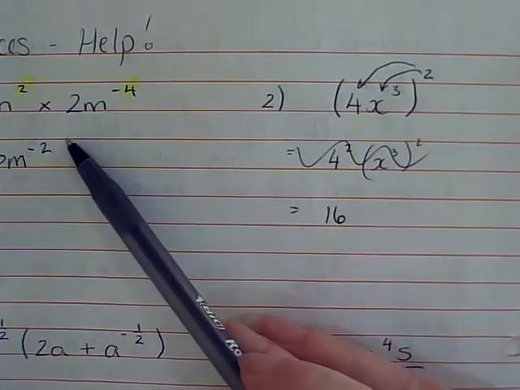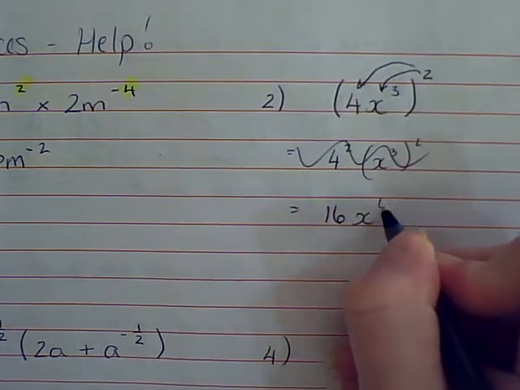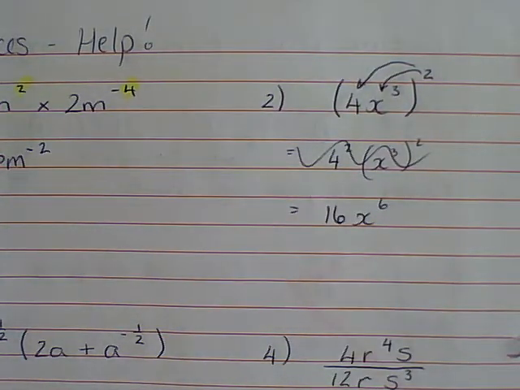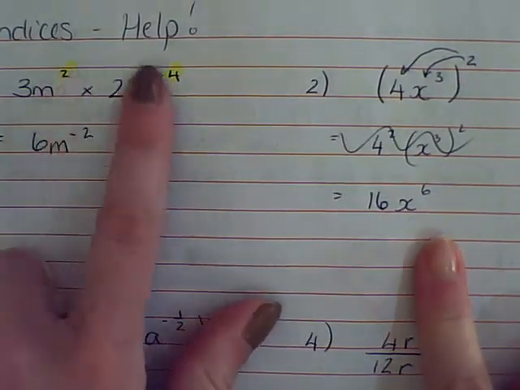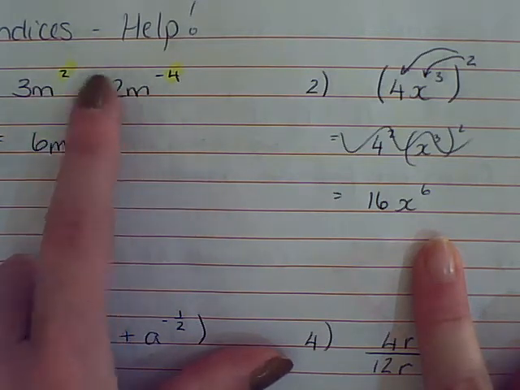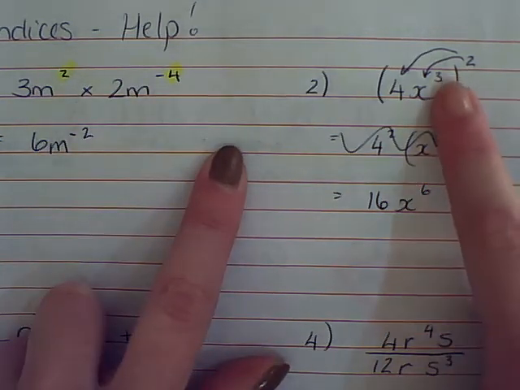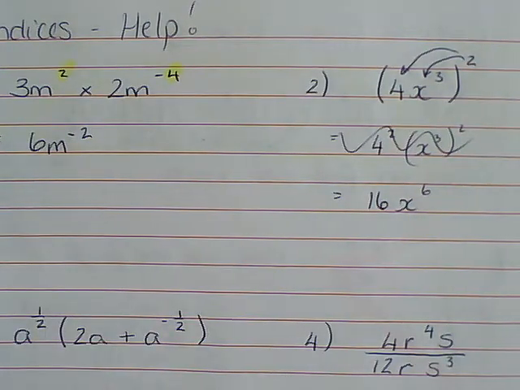So here I added, here is where I times them, and it's x to the 6. And that is what tricks people out. You forget often which one's which. So when you're timesing the terms, you add. And when it's a power of a power, you times. Okay.